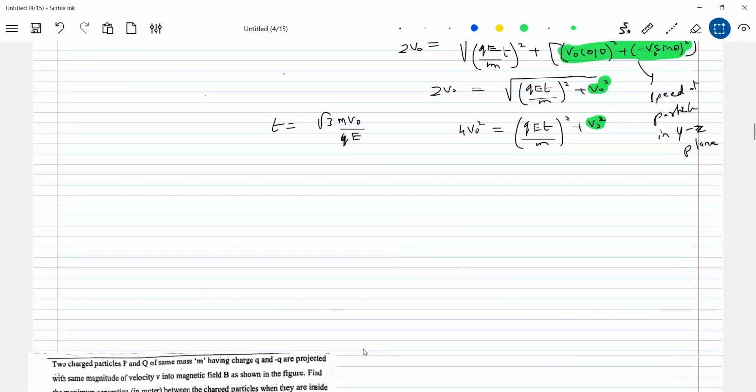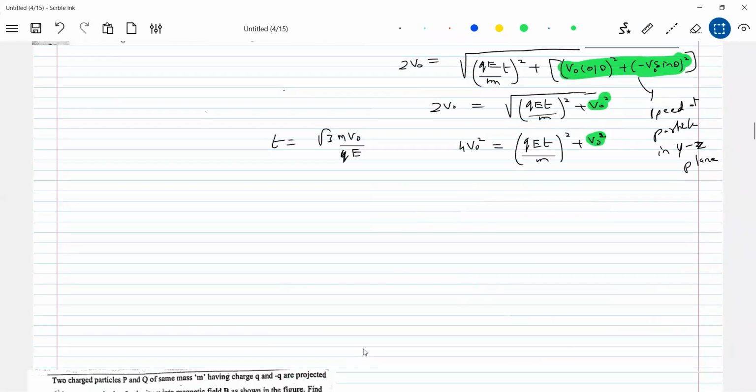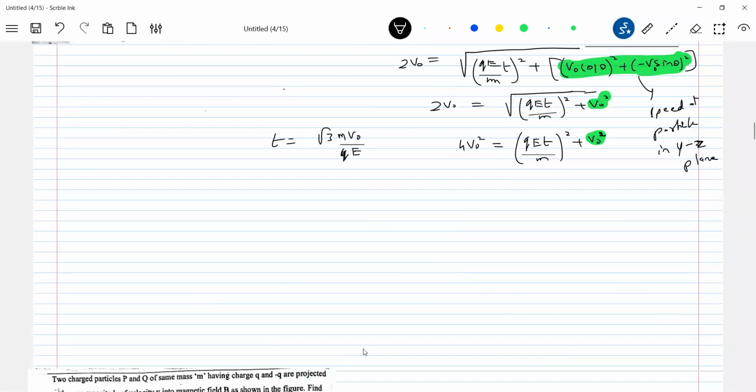Okay, let's discuss one more case. If I give velocity such that the conditions are like this.